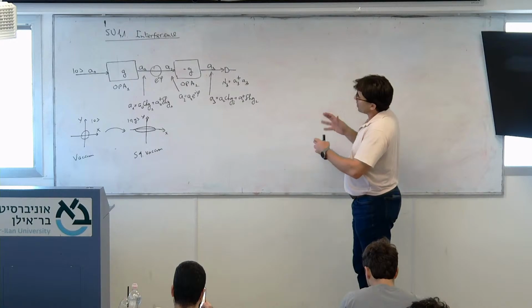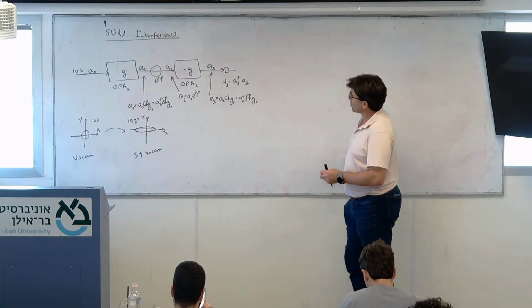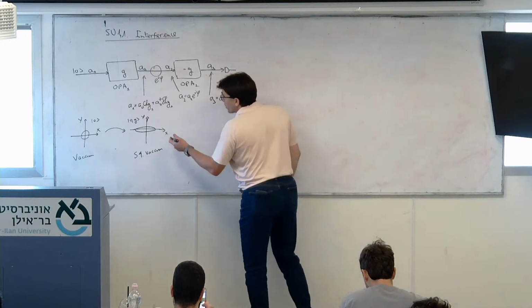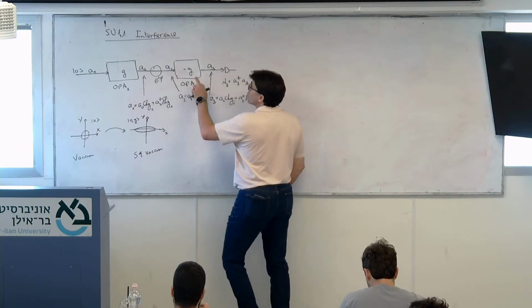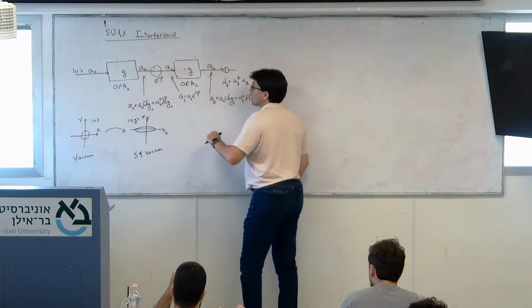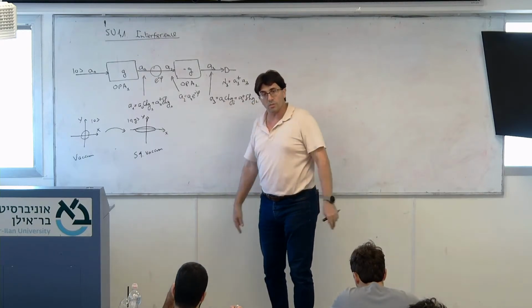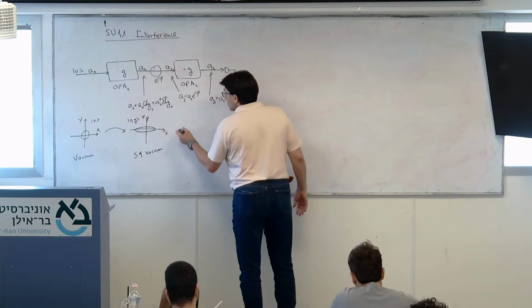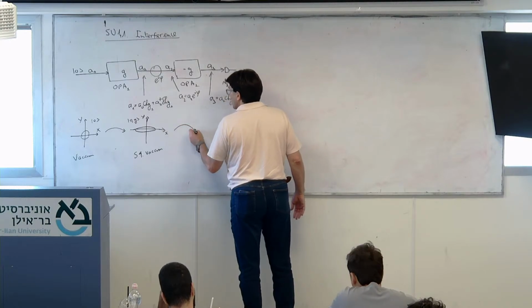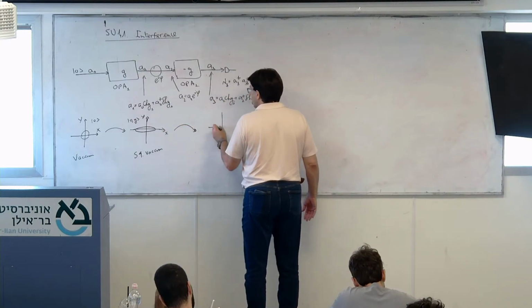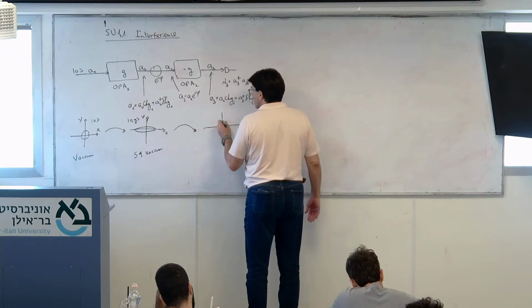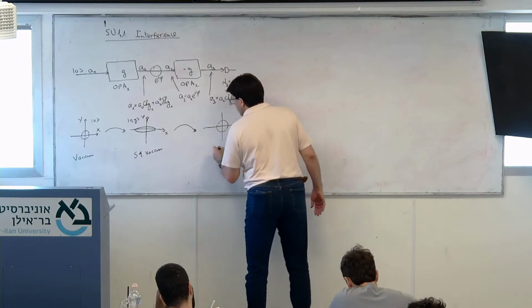As we said, if those two gains are equal, then this one is stretching, the other one is just doing the opposite operation. And eventually we will end up back with vacuum.